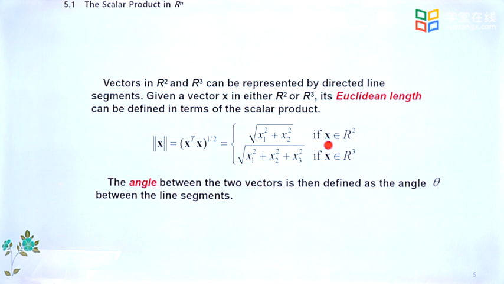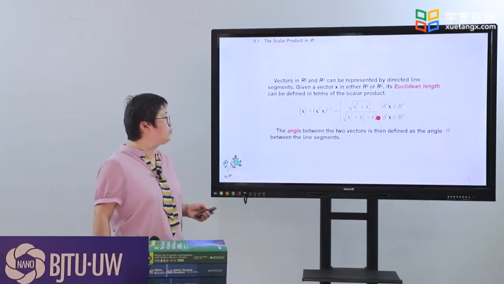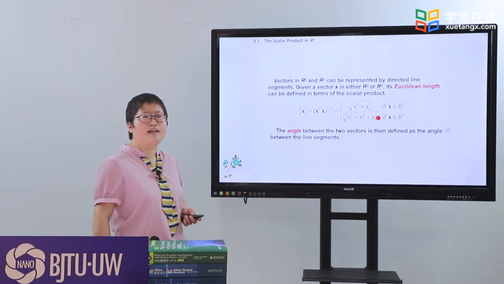If x belongs to R2, the Euclidean length equals the square root of x1 squared plus x2 squared. And if x belongs to R3, the Euclidean length just equals the square root of x1 squared plus x2 squared plus x3 squared. So this is the Euclidean length.